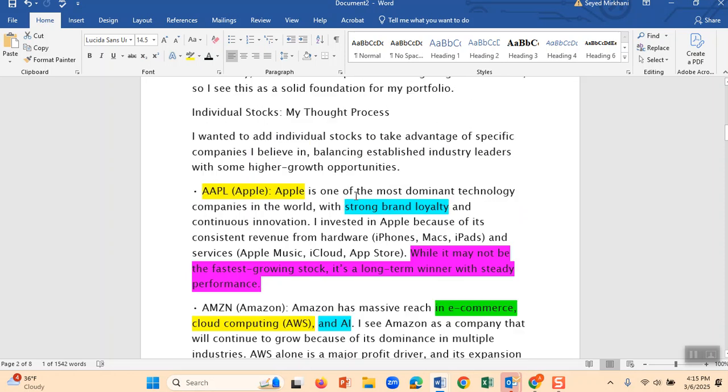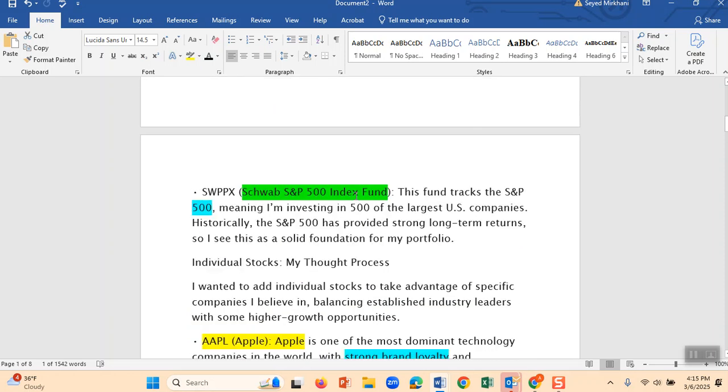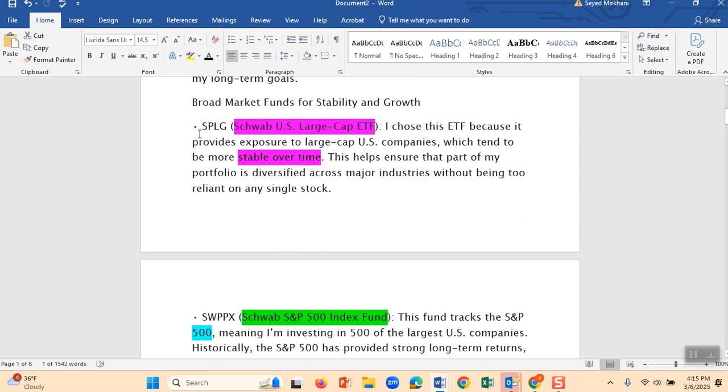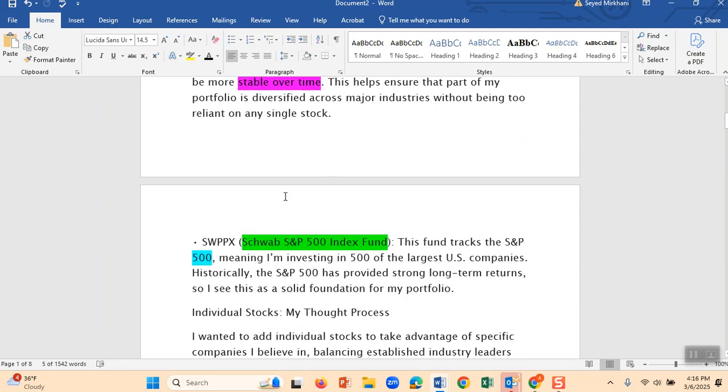This student already bought some, and they might allow him to buy SPLG. Another student bought SWPPX, which is the S&P 500 index. Another student, whose video I showed you, had bought SPDR S&P 500. These are the same. This one is a product of Schwab, and that is a product of another company, but they go up.